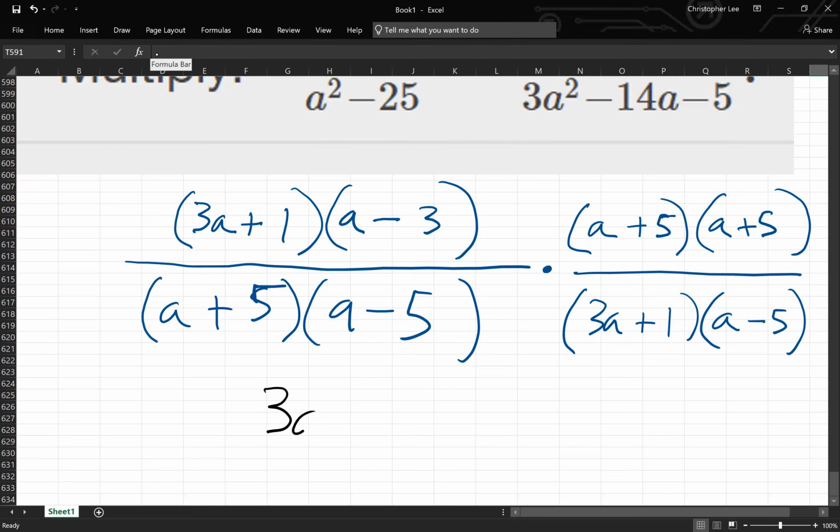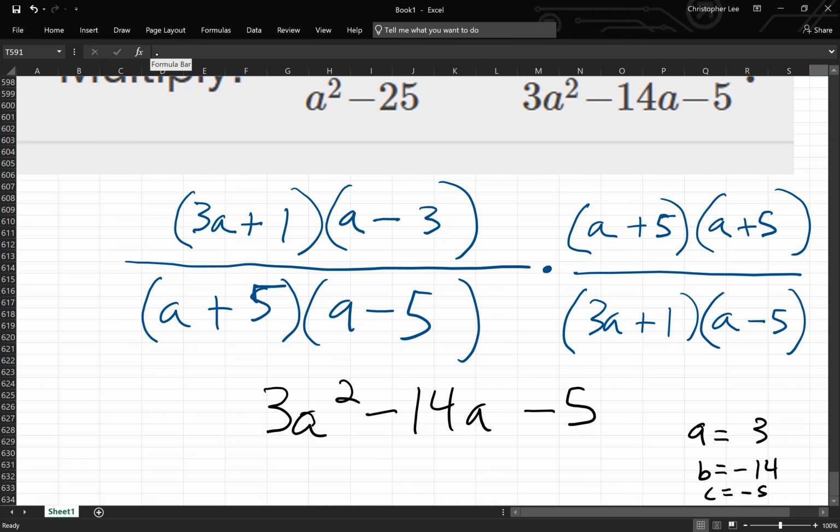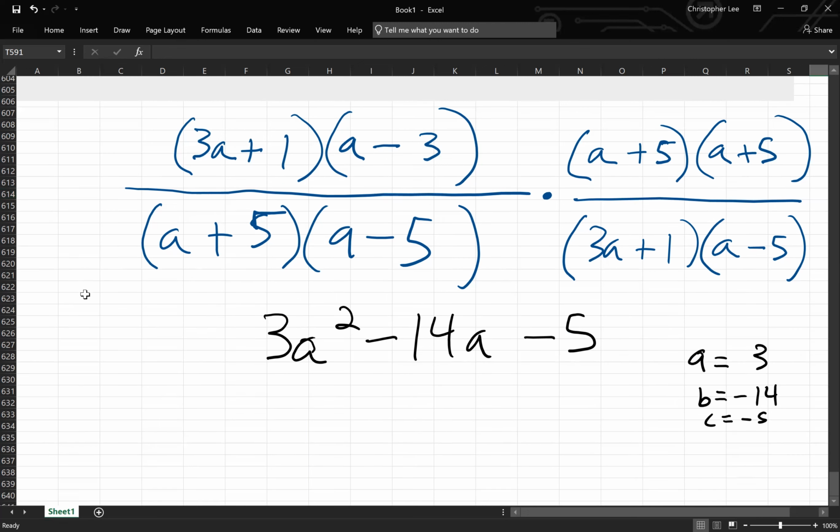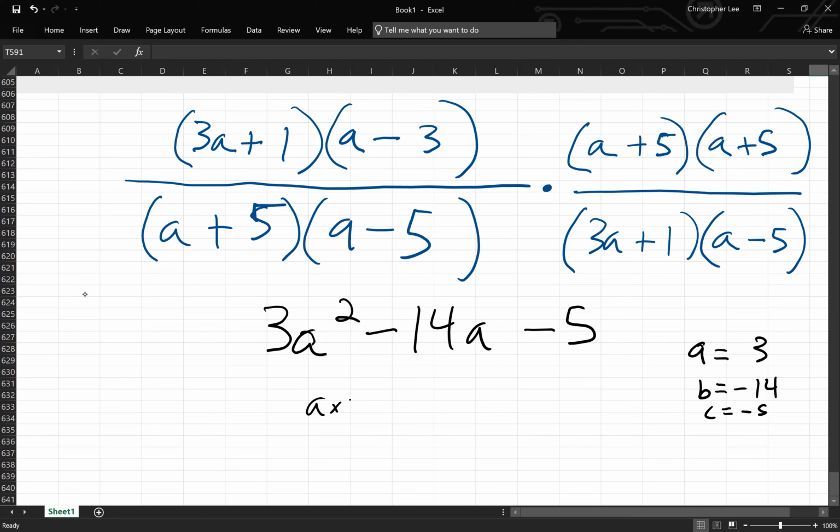Look, I got 3a squared minus 14a minus 5, right? Real quick, what's a? 3. What's b? -14. What's c? -5, right? So for AC method, a times c, this is going to be 3 times -5, which is -15.